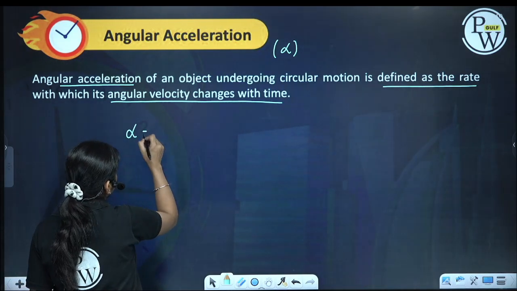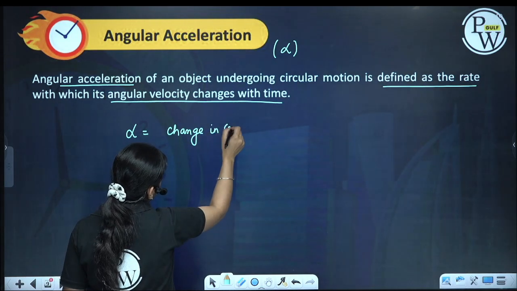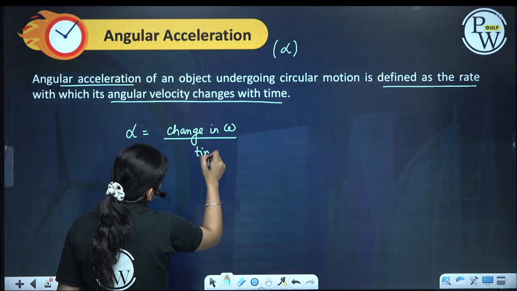So alpha will be equal to change in omega divided by time.